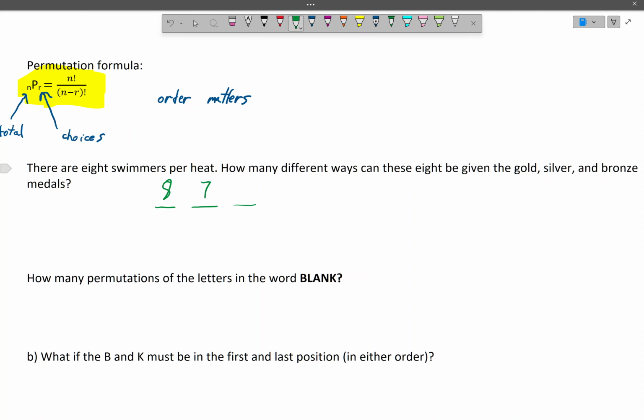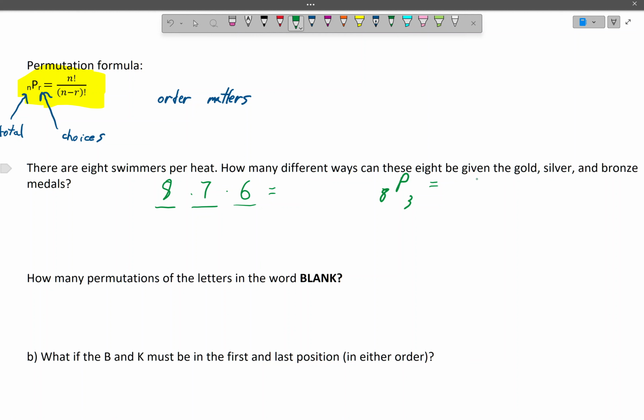Then once you've chosen one, 7 people, then 6 people. Right? So we could just do it with the fundamental counting principle, but we could also do it with perms. So how would this look with a perm? So it would be 8 perm 3. Okay, so there's 8 swimmers we can choose from and 3 different positions that we're choosing for.